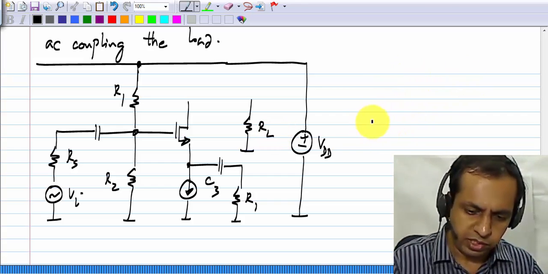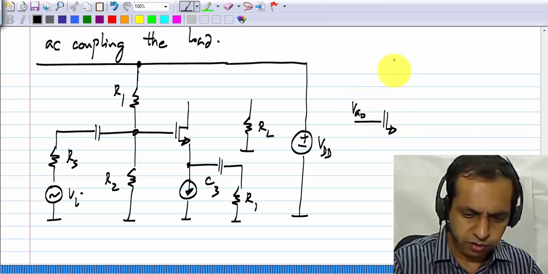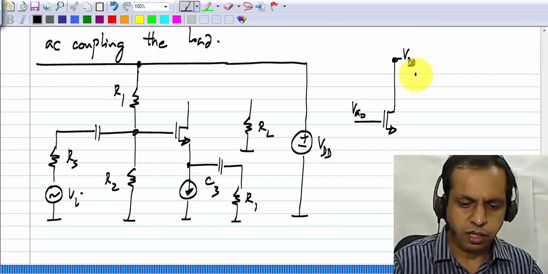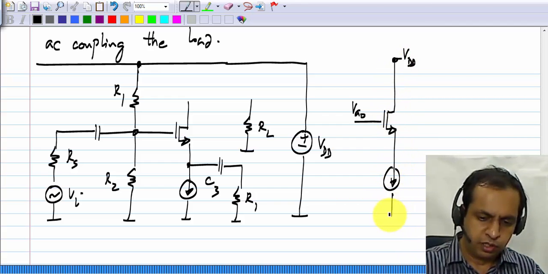Now in the biasing picture, gate is connected to VG0 and the drain is connected to VDD. In general, it has to be connected to some point such that it remains in saturation region.